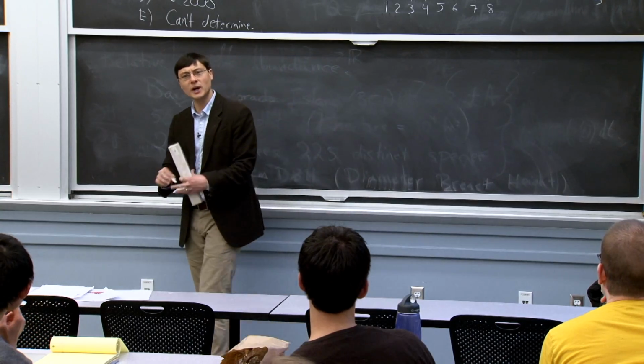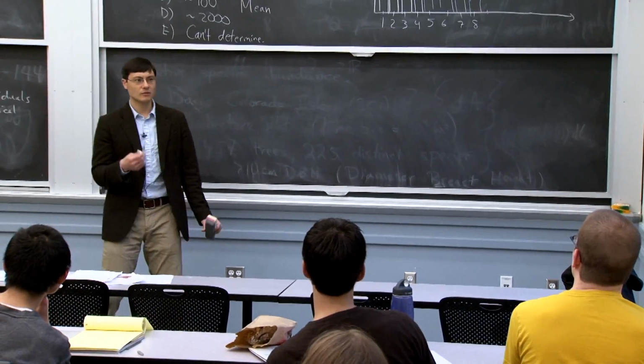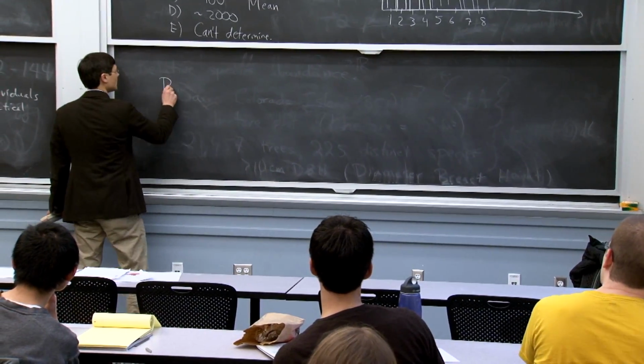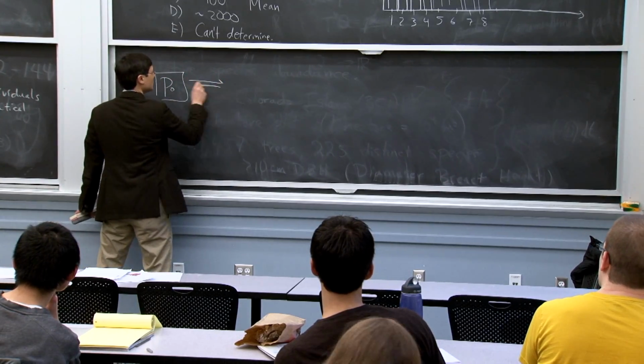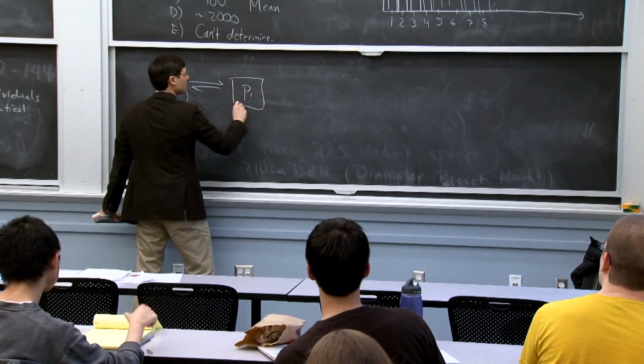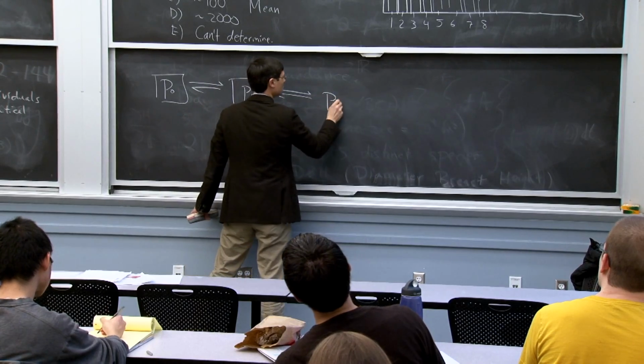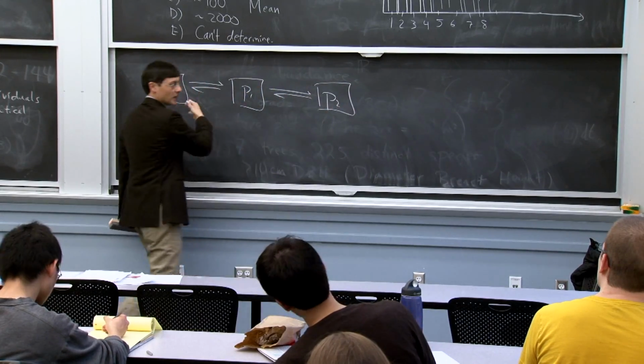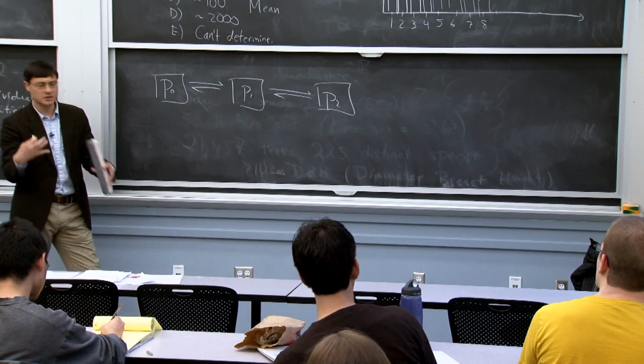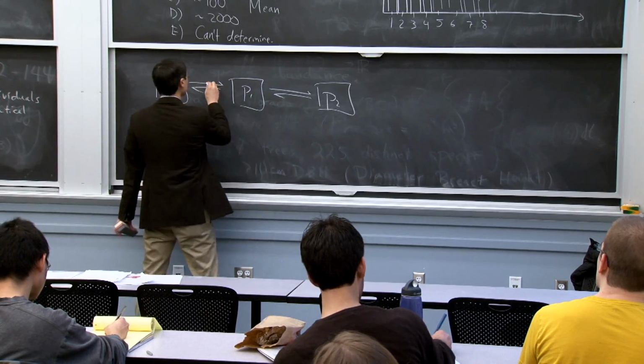So what was the difference? Why is it that we have some probability P0, P1, P2, right? This could be mRNA, or it could be the number of individuals in some species, with some birth and death rates.